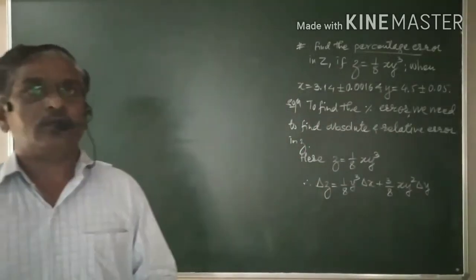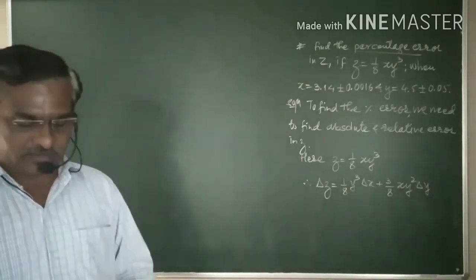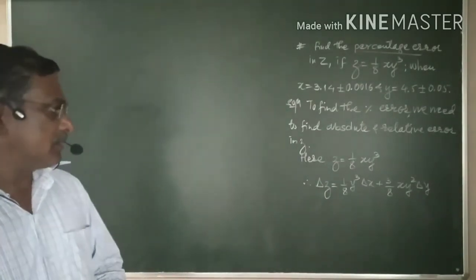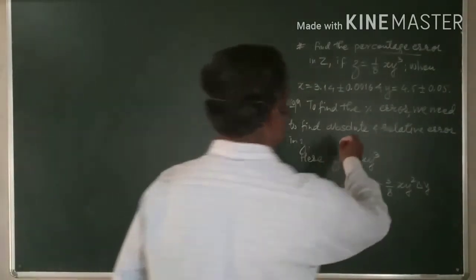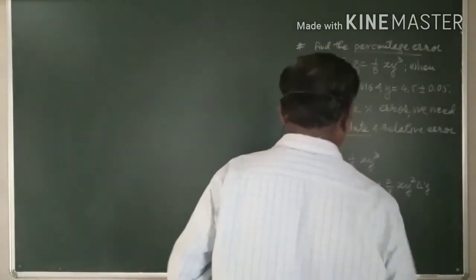Okay. Now, if del z is this, then we need to find out, as we have stated here, first of all the absolute error.